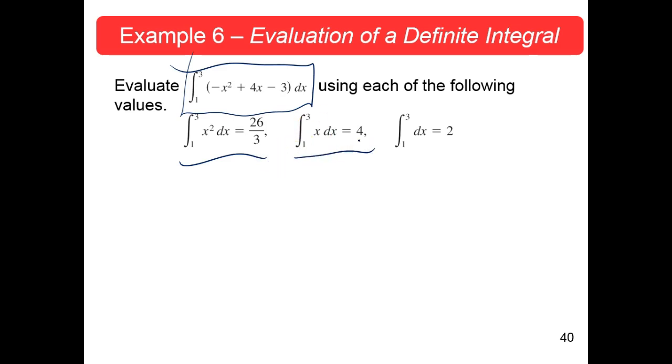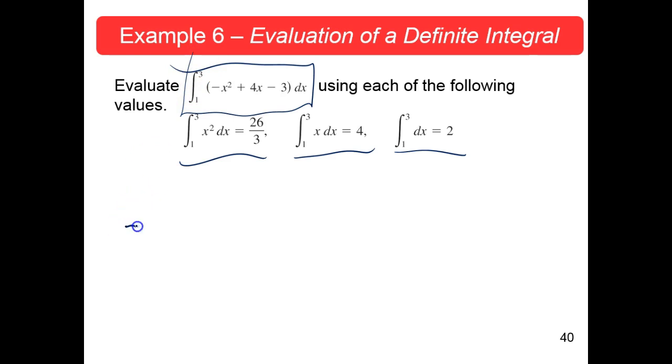The integral from 1 to 3 of x is going to be 4, and the integral from 1 to 3 of dx is going to be 2. Now, we probably knew both of those last two already, but if you didn't, well, at least the last one. Okay. They're giving you this. Don't worry, I'm not going to give you this many of the times. Okay. So, what will this be?